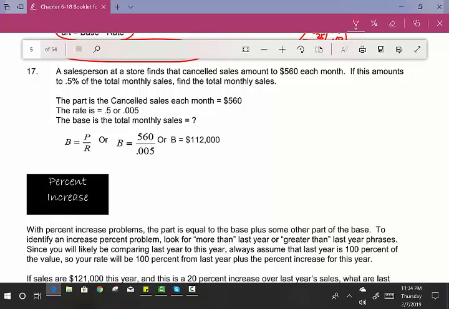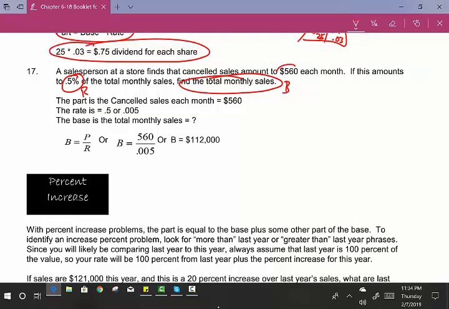Well, first of all, I know that 0.5% is the rate, and I know the total monthly sales is the base, the total amount to which we're comparing it, because 0.5% is representative of the $560, which is the part. So therefore, I'm looking for the base.